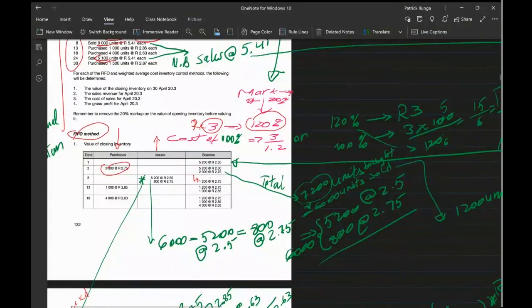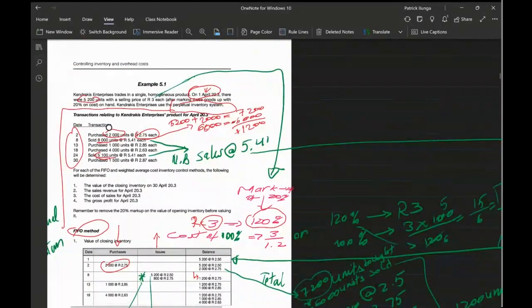This is the little example. They are telling you that the selling price is 3 rand after marking up this good.